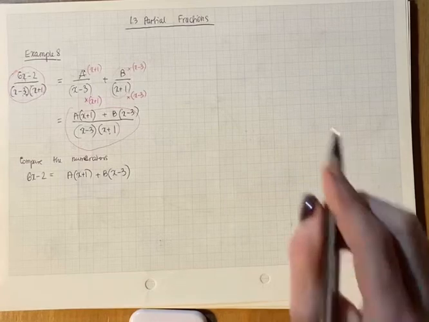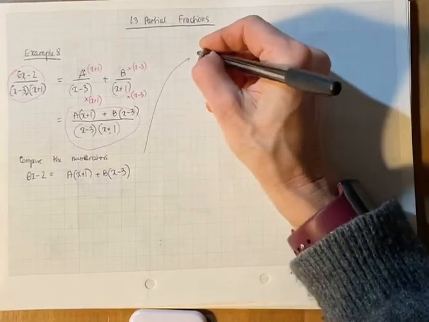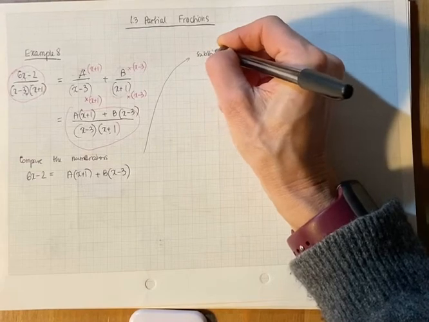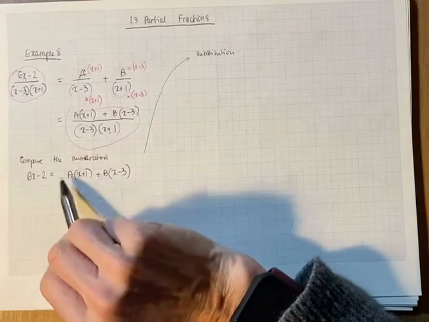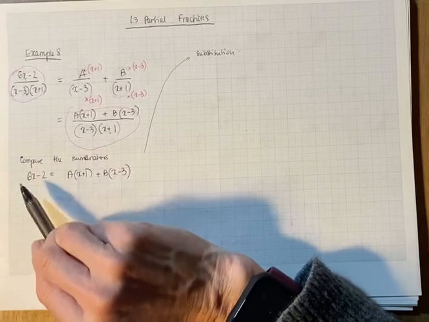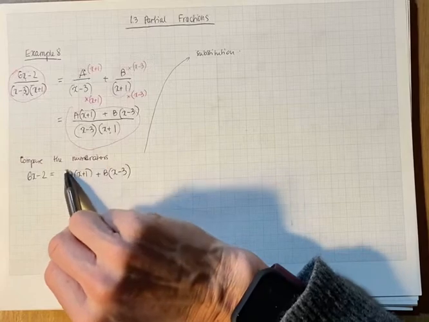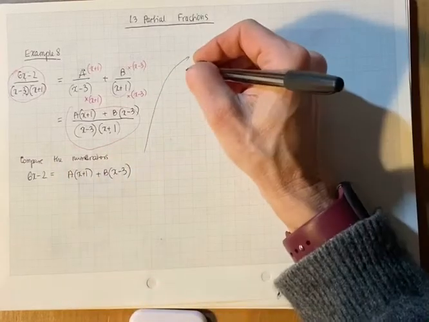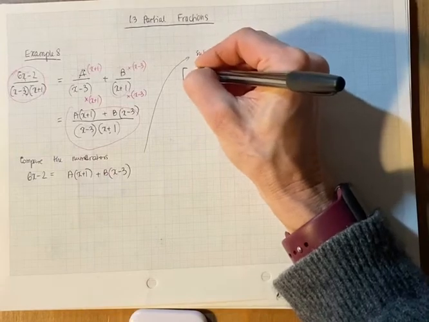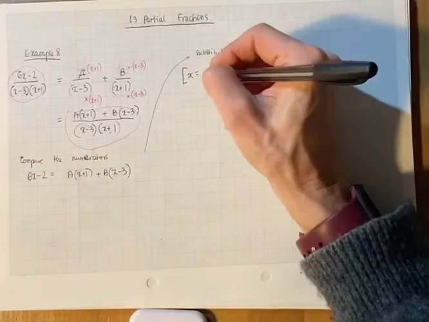The first method we're going to use is substitution. All you need to do, you do not expand these at all. You are going to substitute the values of x that will make each of those brackets disappear. First one, if you make x plus 1 equal to 0, you'll get minus 1.